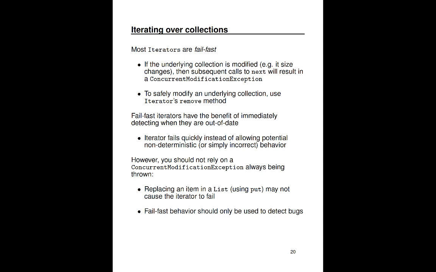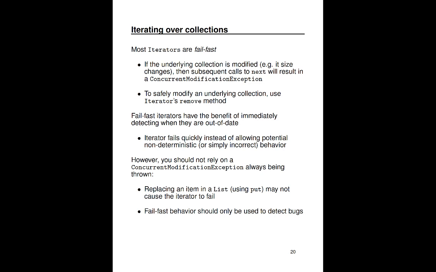The vast majority of iterator objects are said to be fail fast, meaning that if something about the underlying collection changes, let's say its size, then the iterator will throw a concurrent modification exception when you call next, or when you call previous on a list iterator. It can't keep track of it. It loses its place. It gets confused and something's gone wrong. I don't know if I'm returning you the right result or not. So instead it throws an exception.